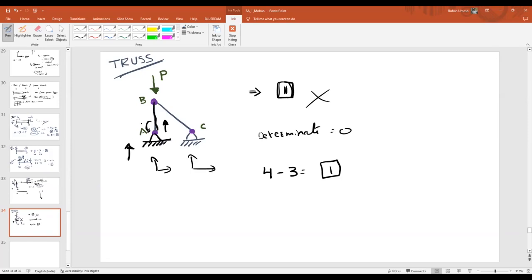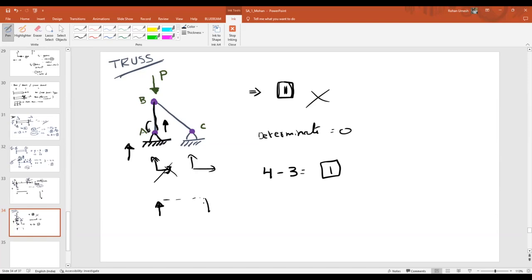Even though this support is capable of taking both horizontal and vertical forces, because of the arrangement of this truss, only vertical force will transfer through the support. There won't be any force along the horizontal direction. So at support A, I will consider only one force, in the upward direction.